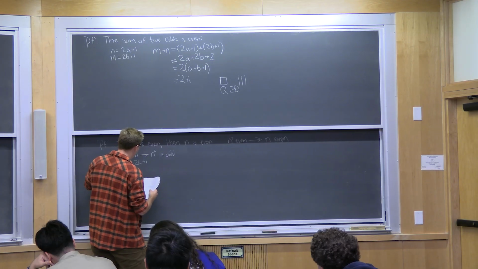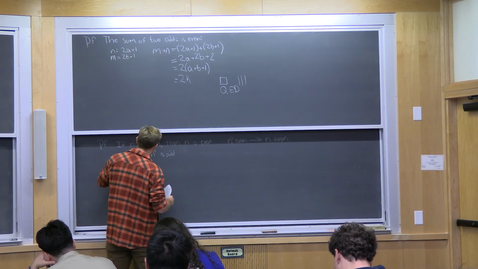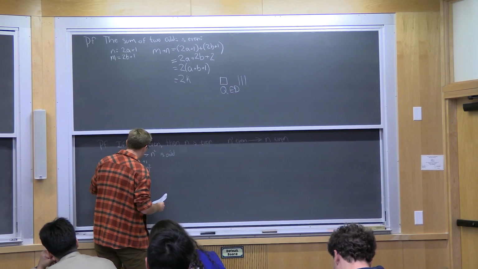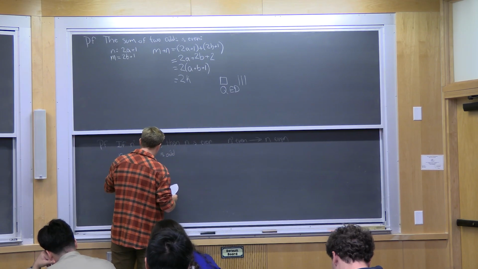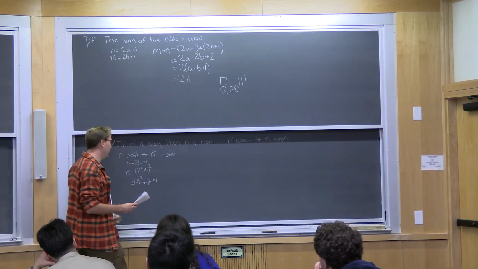Therefore, our n squared is (2k plus 1) squared. And so we just simplify that a bit.